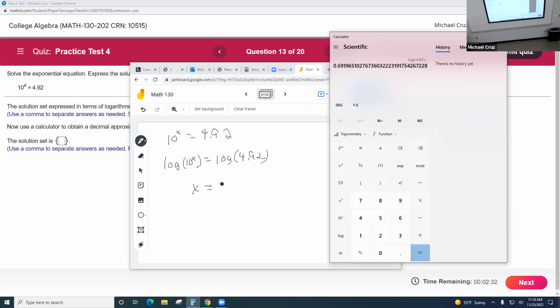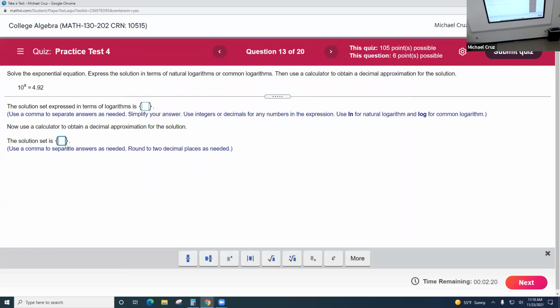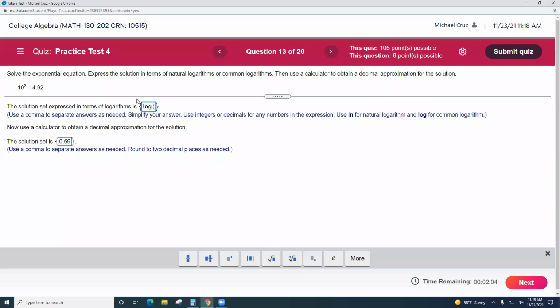So 0.69. So the solution set is the log of 4.92, and then they want us to round down. Okay.